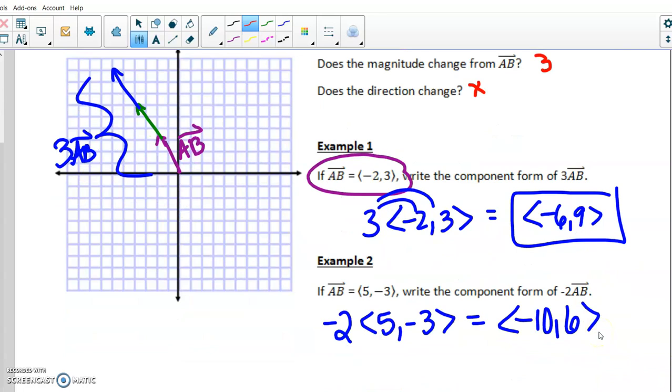So it's going to get 3 times bigger, 3 times longer. Example 2 says, if vector AB is equal to 5, -3, write the component form of -2 times vector AB. So again, you're just going to multiply this -2 in. -2 times 5 is -10. -2 times -3 is 6. So that's scalar multiplication.